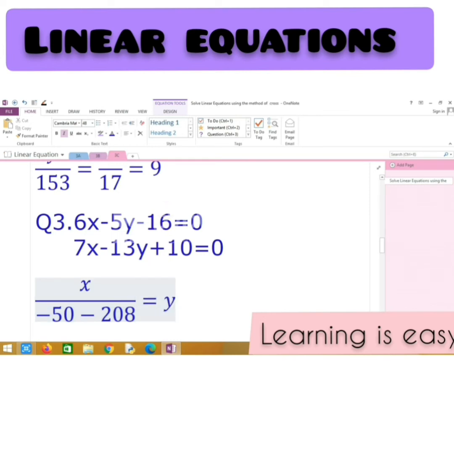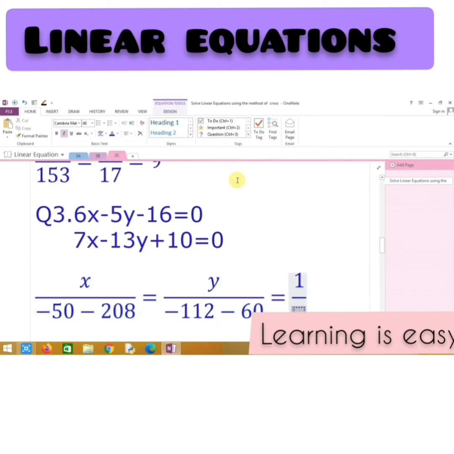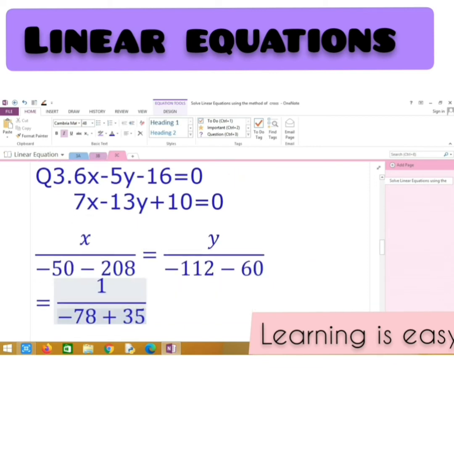That's equal to y by cross multiplying x and constant, 16 into 7 and 6 into 10. 16 into 7 is minus of 16, minus 112, minus 6 into 10, 60, equal to, for the constant, we need to multiply x and y coefficients, cross multiplying. 5 3s are 15 and 13 6s are 78. Minus 78 plus 35.